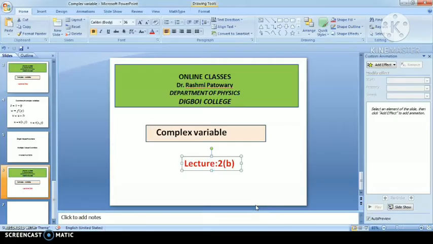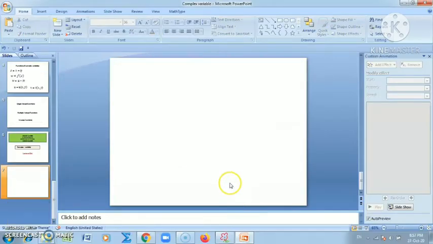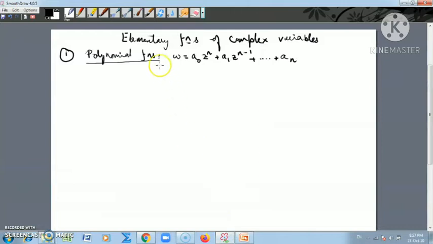We looked at functions, different types of elementary functions, and we had looked at only one type of function, that is polynomial functions, which can be denoted by P(z), a function of z, in polynomial form. If it's like this, then we call it an nth degree polynomial.